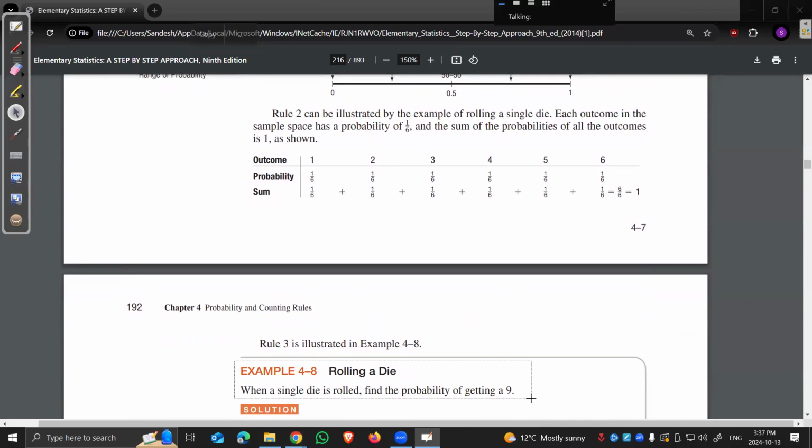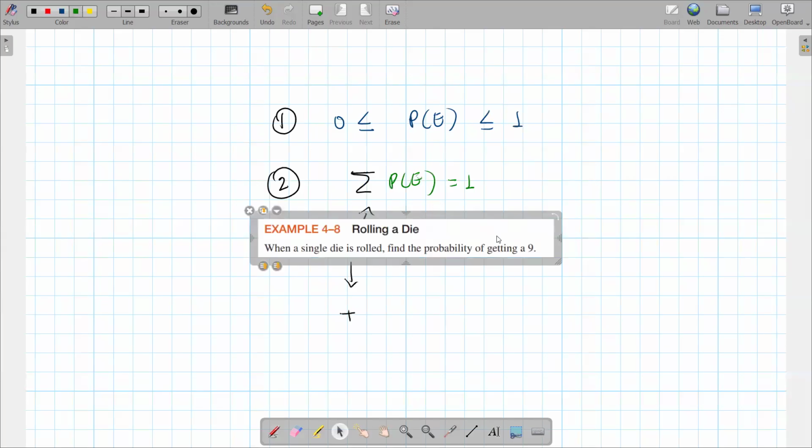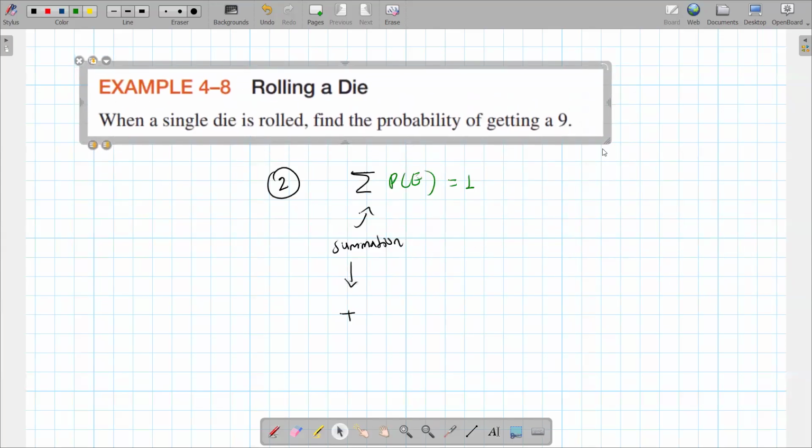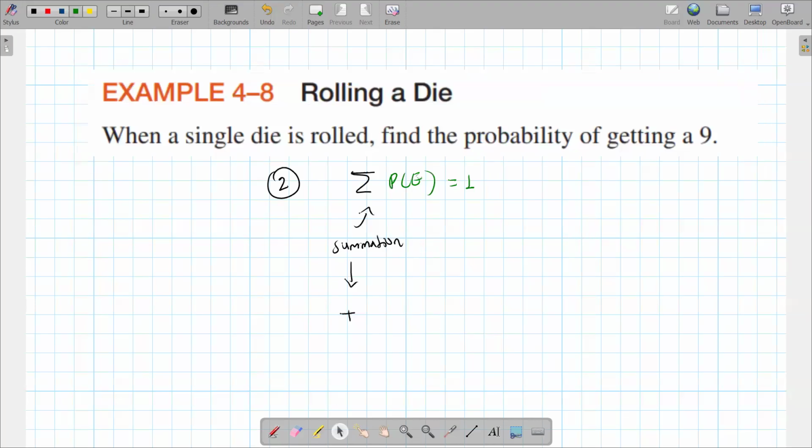So here's a question. This one also requires you to know what a dice is. So let's see if we can do this. When a single die is rolled, die just means dice, find the probability of getting a 9. This is a trick question. What's the probability of getting a 9 when you roll one dice?